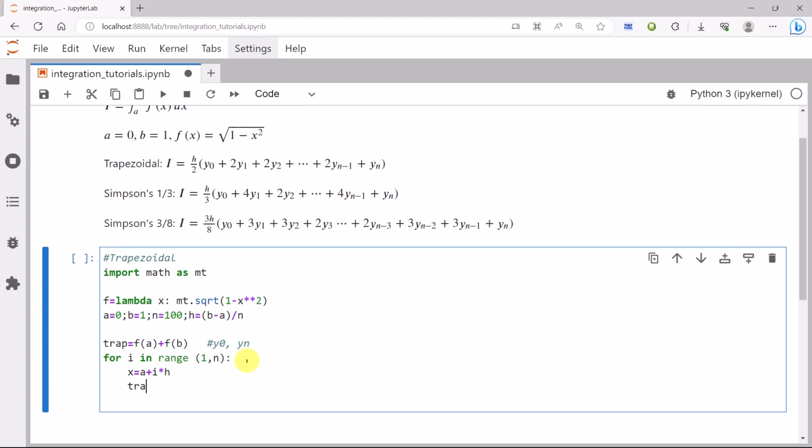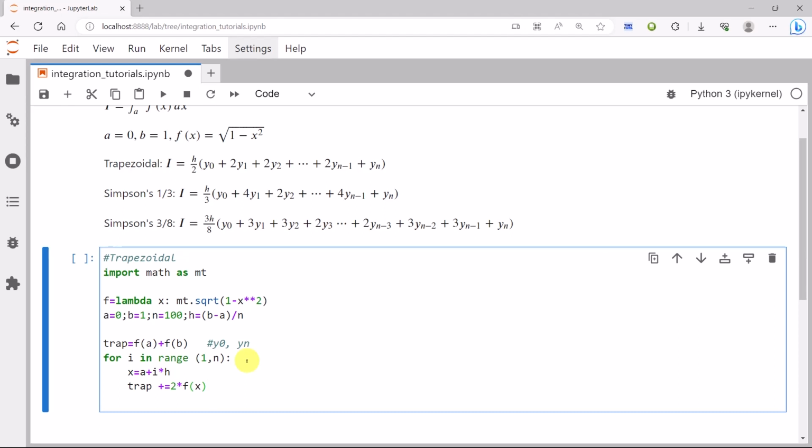and here I will give an increment to my trapezoidal. So plus equal to the increment, that is 2 times f of x. Okay, so this plus equal to means s_trap equals s_trap plus 2 times f of x.